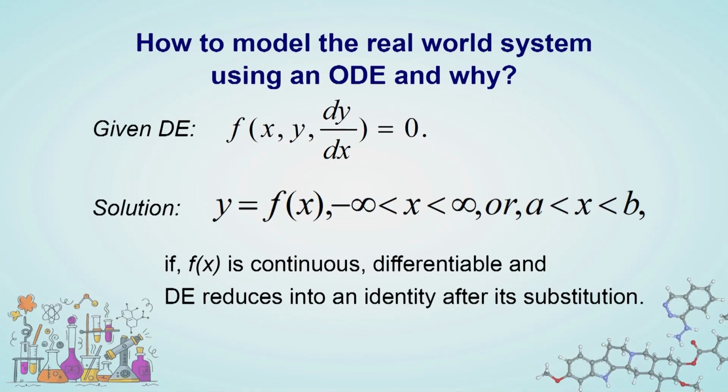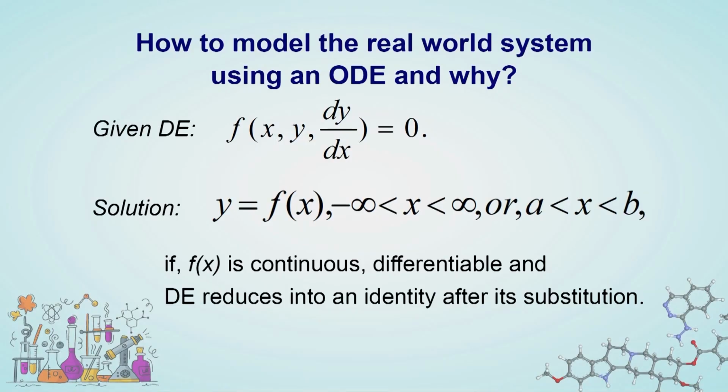The solution is defined on the real line, and we know that the real line is infinite on both sides, negative side and positive side. But we select a subset of this infinite number line into a finite interval, any point A and any point B, which x carries. Then the solution is y equal to f(x), which must be continuous, differentiable, and the differential equation reduces into an identity after its substitution.